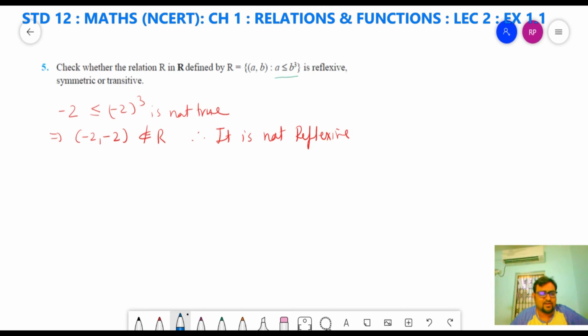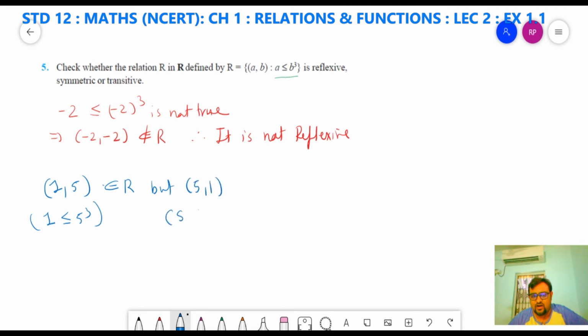For symmetric, let's take the example (1, 5). Is 1 less than or equal to 5 cubed? Yes. So that means this belongs to the relation R. But (5, 1): is 5 less than or equal to 1 cubed?